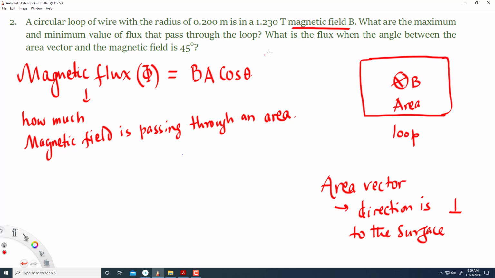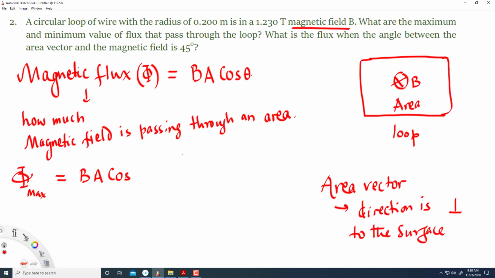So that's what the question is. What is the flux when the angle between the vectors is, first part, what are the maximum and minimum flux? For maximum flux, you tell me what should be the angle between B and A to get the maximum flux. 90? That's the direction of A. They are parallel, right?